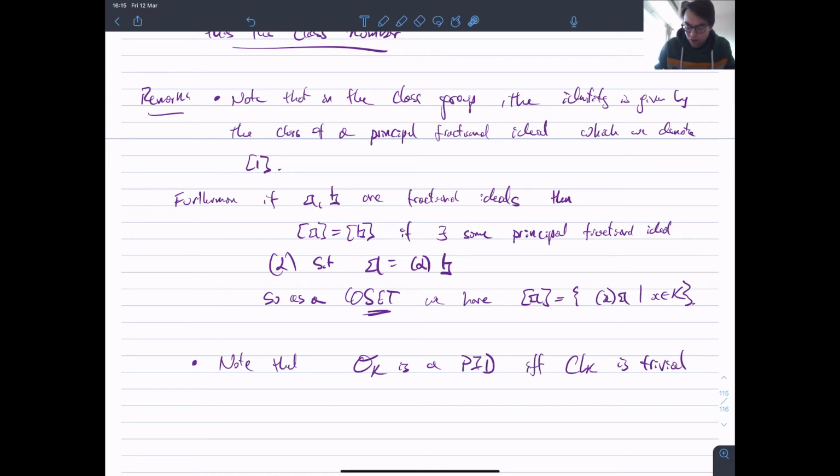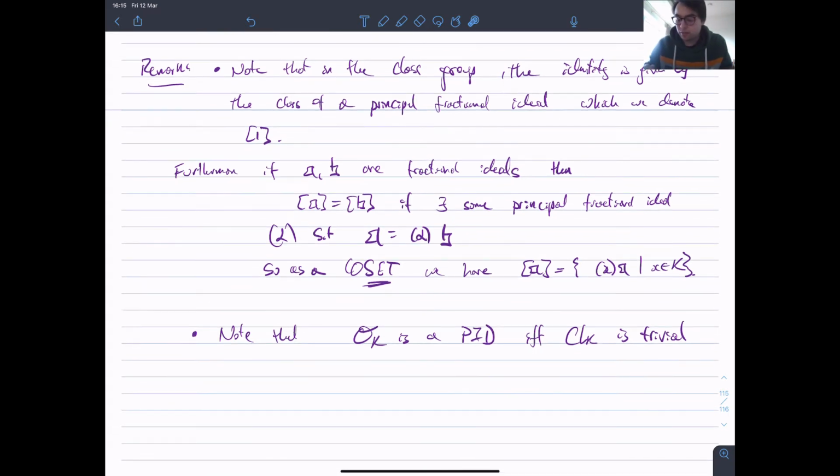O_K being a PID implies that all fractional ideals are also principal, because fractional ideals up to a multiple just look like a normal ideal. So O_K being a PID is the same thing as the class group being trivial, i.e. being just the element 1.